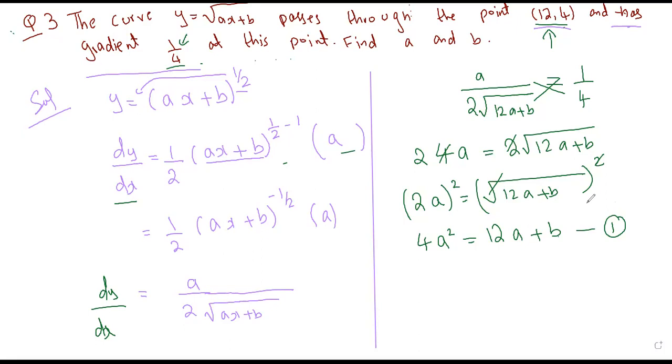The question says the curve y equals under the root ax plus b passes through the point (12, 4) and has gradient 1/4 at this point. We have used only one piece of information given in the question. How do I get to the other equation in order to find the value of a and b? For that, I need to use this thing and this thing.